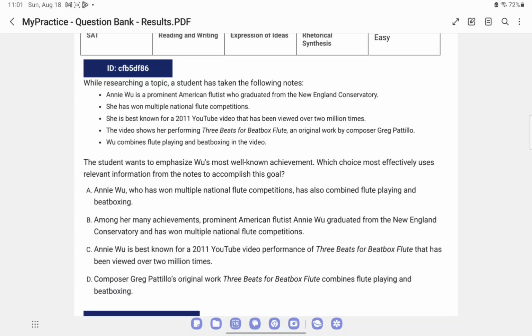So this is not putting emphasis on her wins. It's brushing past them because it's saying Annie Wu, who won multiple national flute competitions, has also combined flute playing and beatboxing. It's shifting the reader's focus to her combination of flute playing and beatboxing.